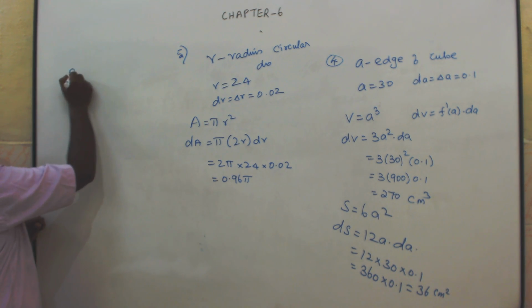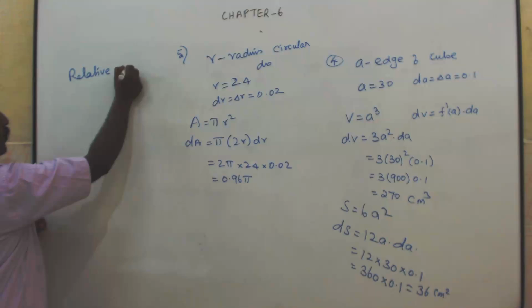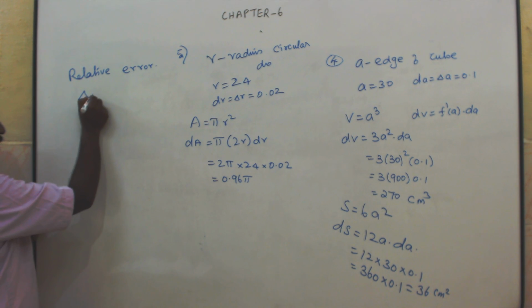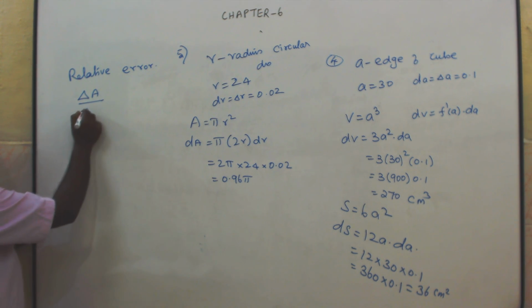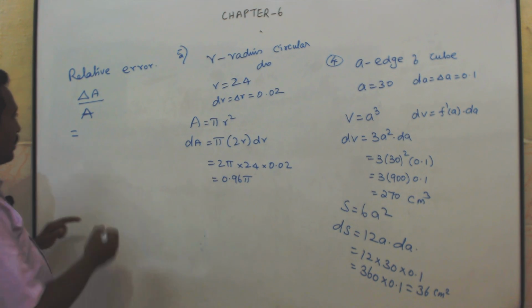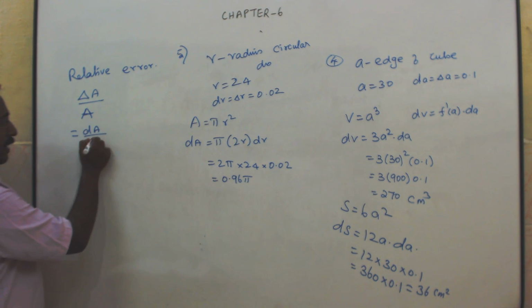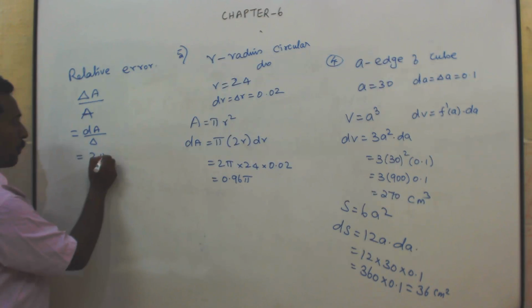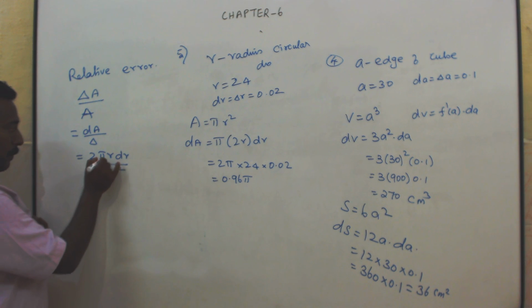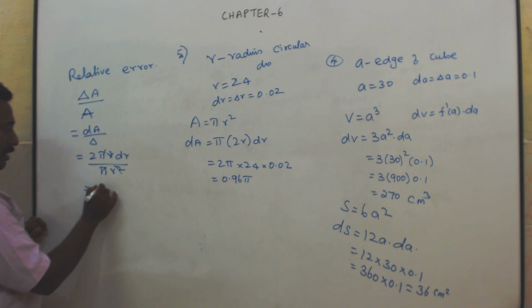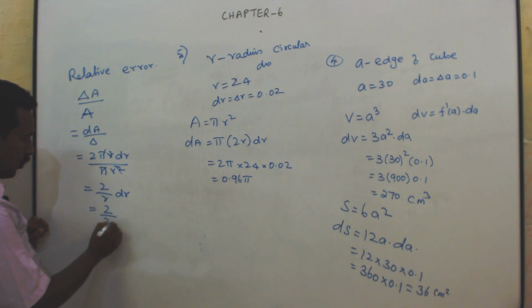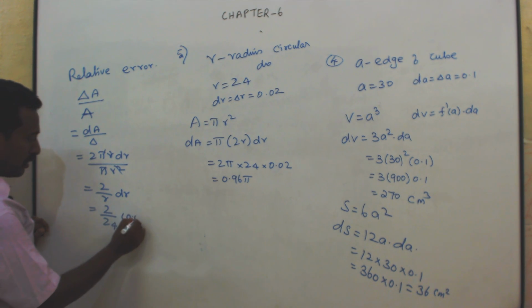Relative error, already we discussed. Relative error in area, that is delta A by A. What is delta A? That is dA. Delta A by A is approximately equal to dA by A. What is dA? 2 pi r into dr. A is pi r square, 1 pi cancels, 1 r cancels, 2 by r into dr. r value is 24, dr value is 0.02.